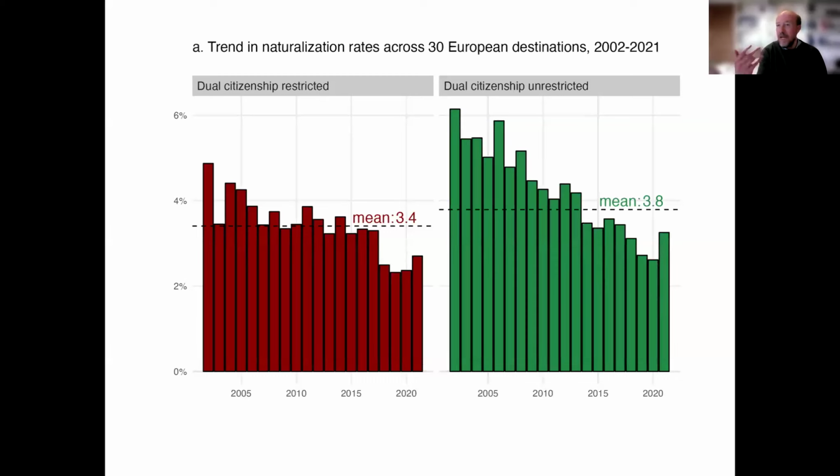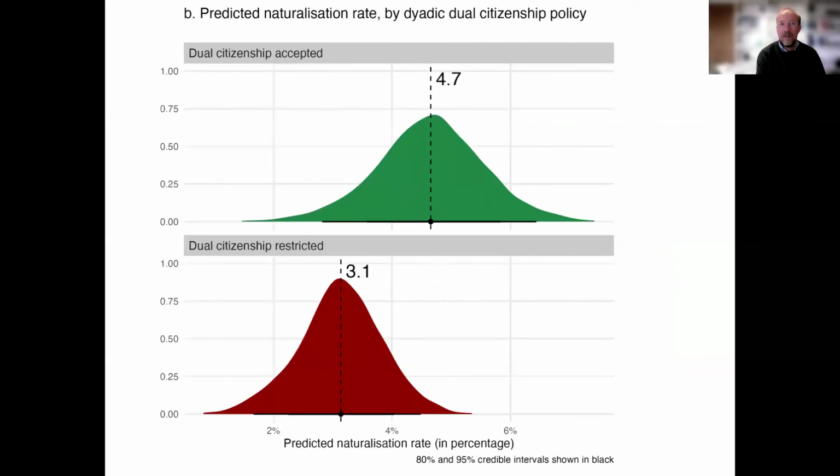Well, when we apply the naturalization data to our dyadic dual citizenship acceptance data, we see that indeed the naturalization rate, so the number of people out of 100 foreign residents who naturalize in a destination country, is higher in dyads where dual citizenship is unrestricted compared to where dual citizenship is restricted.